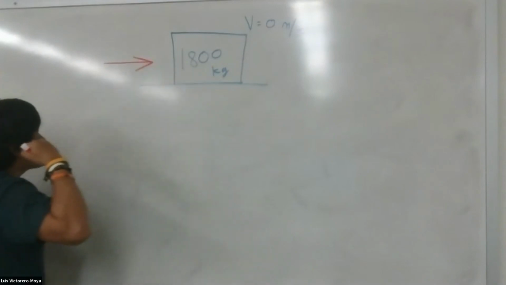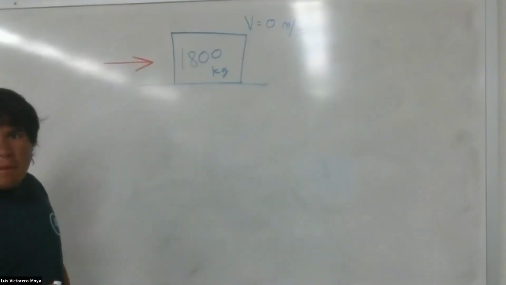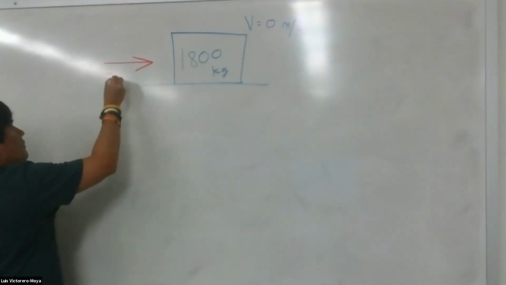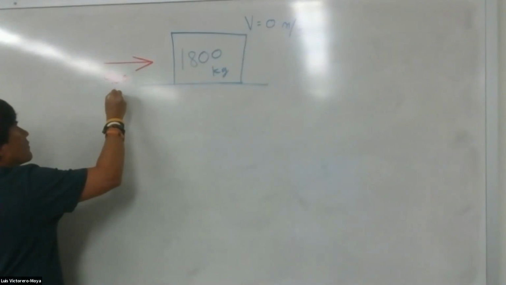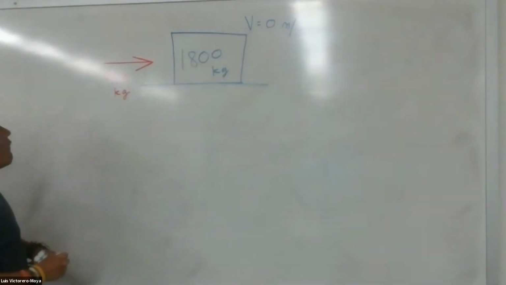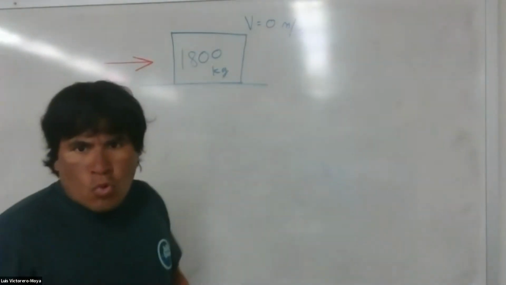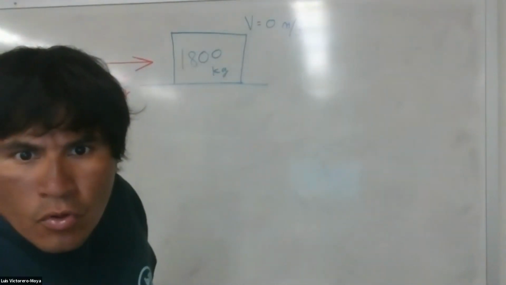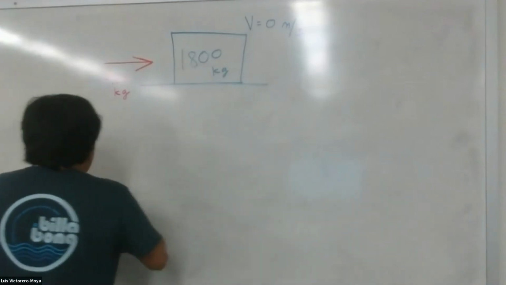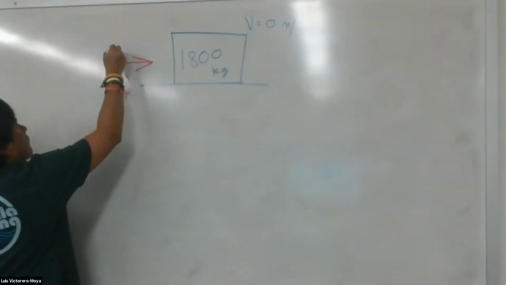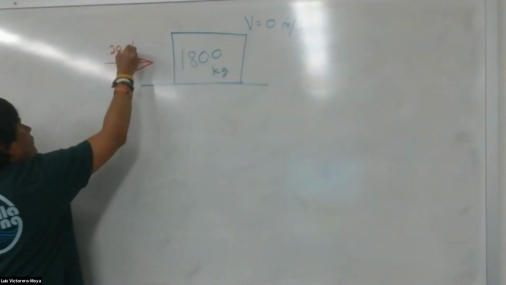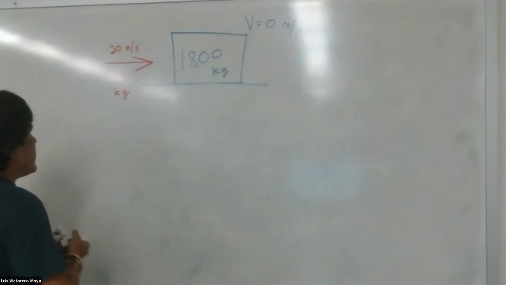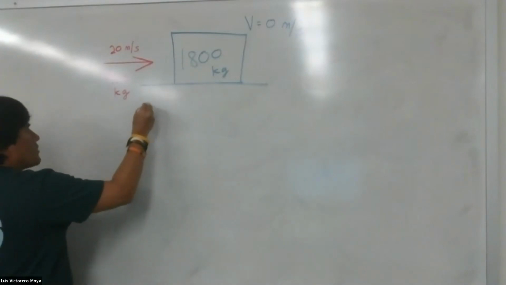You have a mass of 900 kilograms, and this mass is going to collide with the speed of 20 meters per second. And they are going to stick. So it's a perfectly inelastic collision.